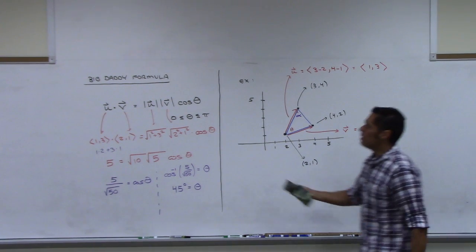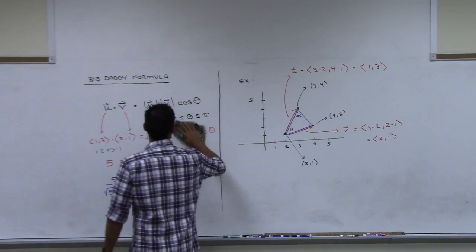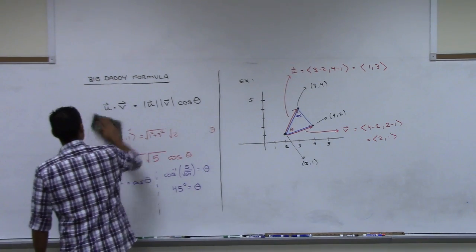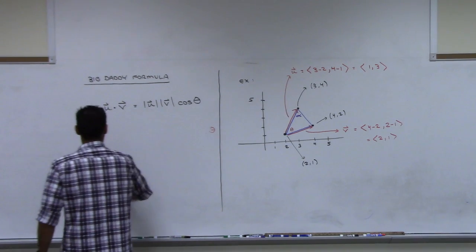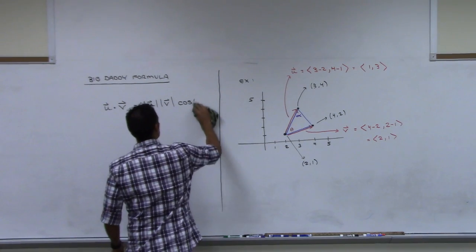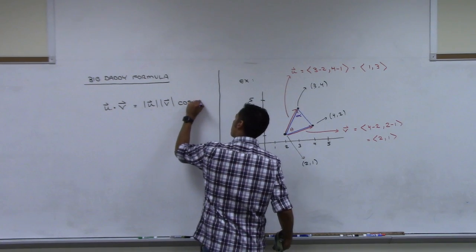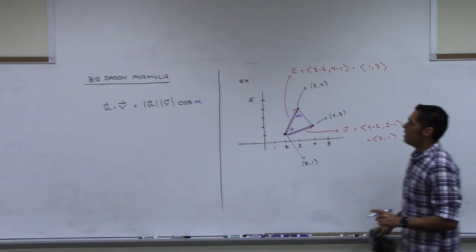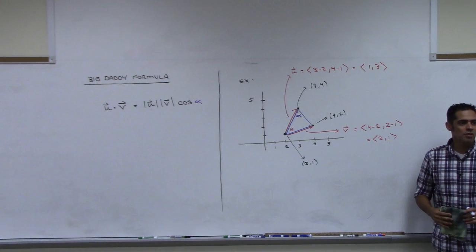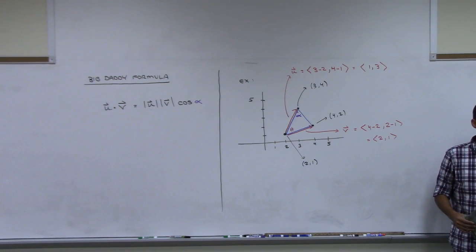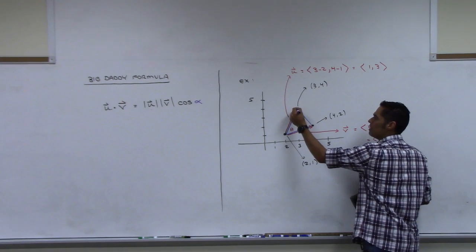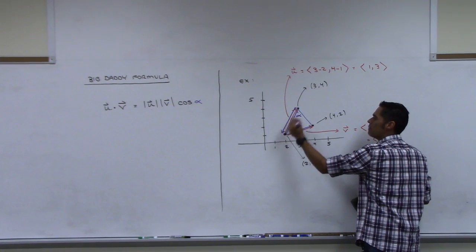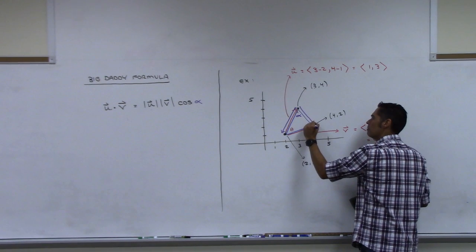So according to the Big Daddy formula here, I can do this again, right? But this time my formula is going to have alpha in it. And I need, unfortunately, 2 new vectors. I need the vector going from here down and the vector going from here down.